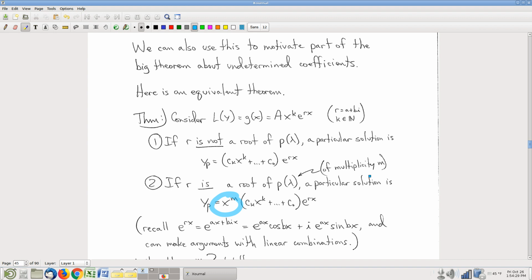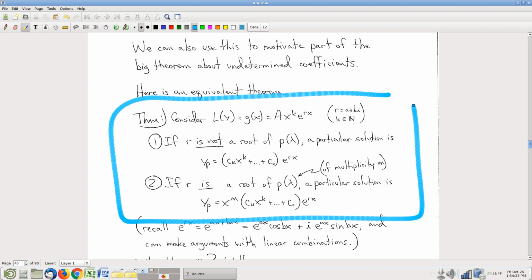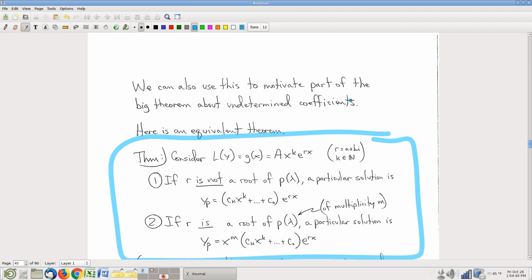Okay, before we do that, let me confess. This theorem is not exactly the theorem that we wrote down in 4.3. You may recall that in section 4.3, the right-hand side that we were speculating about had sines and cosines in it. This doesn't. There's no visible sines and cosines in how this is written down. So what gives? Well, you may also recall that in the theorem we talked about in 4.3, the coefficients, the r in particular, were real.